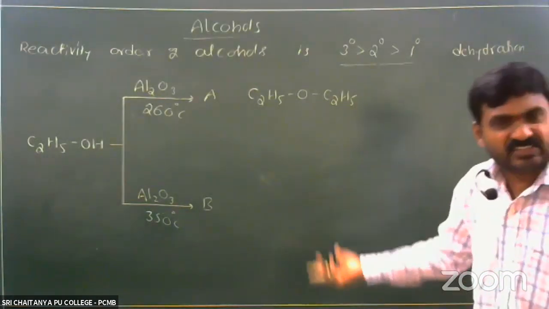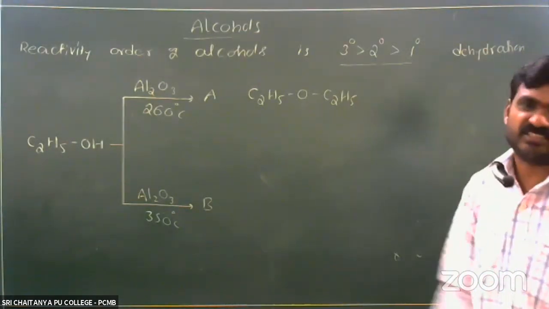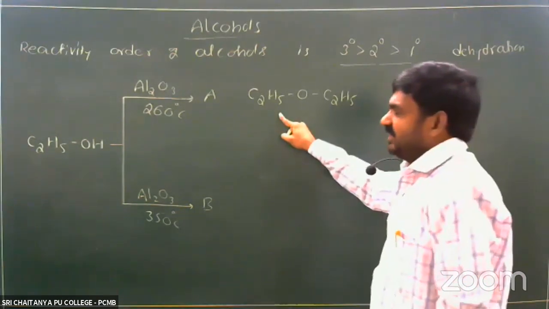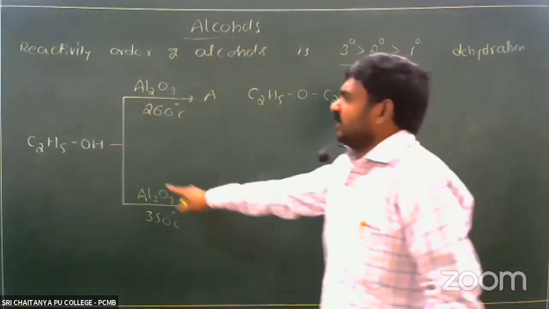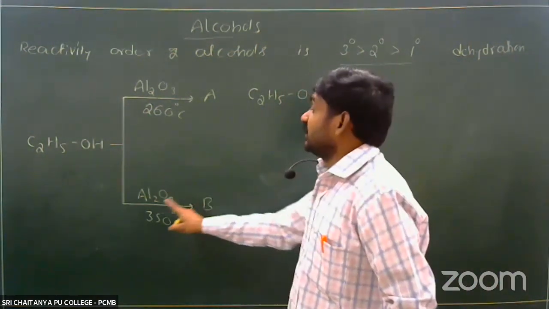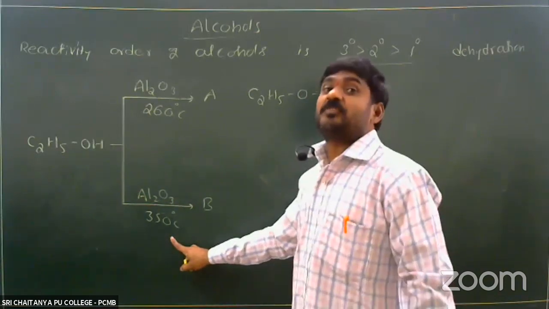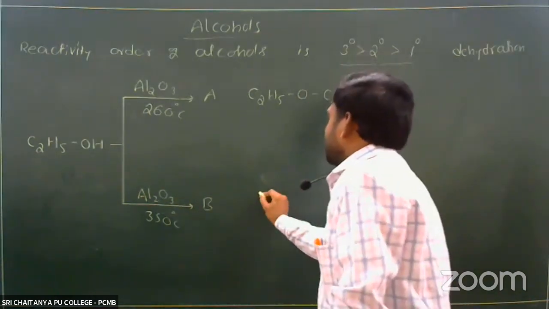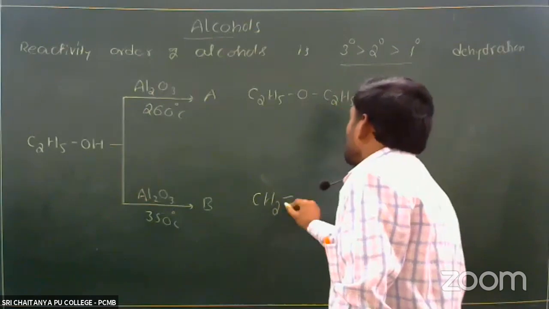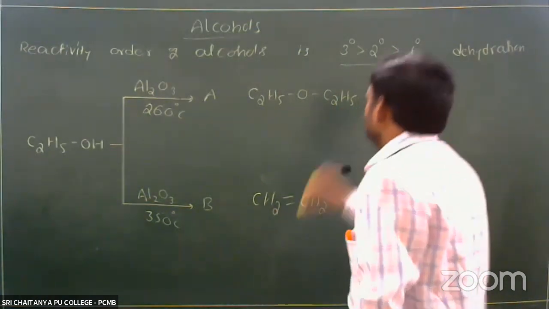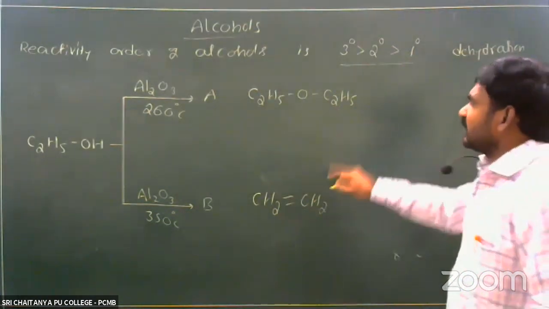It will be covered in the next chapter, ethers, as a method of preparation of ether. Ethyl alcohol on heating with alumina at 350 degrees centigrade gives ethylene, CH2=CH2.